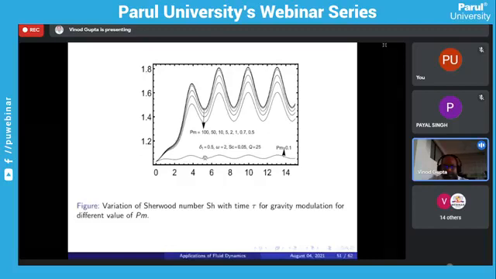And that is the magnetic Prandtl number. If you see, a similar type of variation is also there in Pm. When you increase the value of Pm, the value of this Sherwood number increases. So this also has a destabilizing nature.